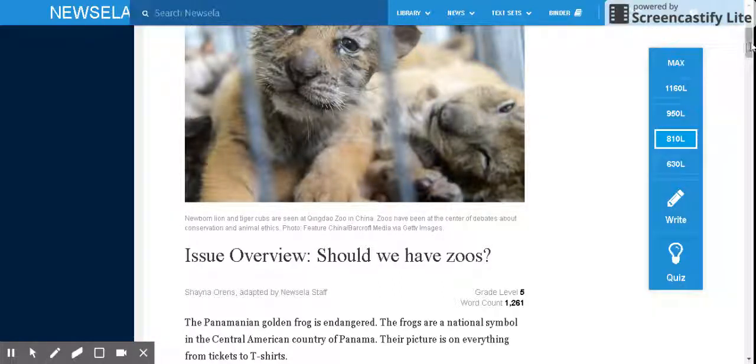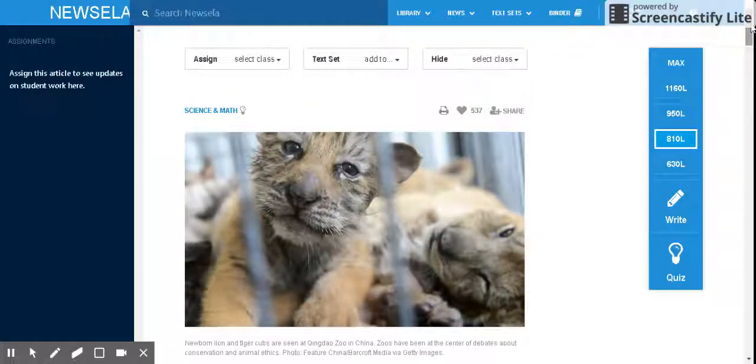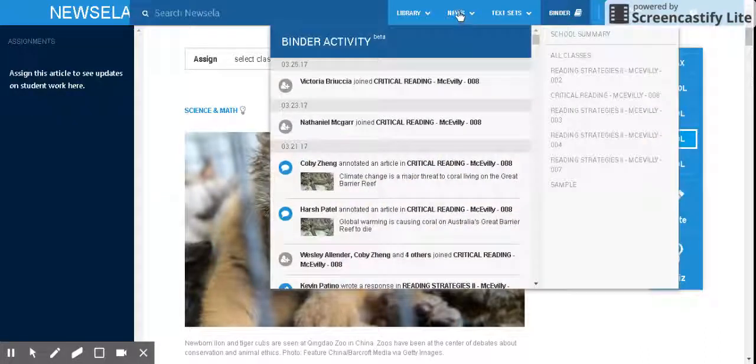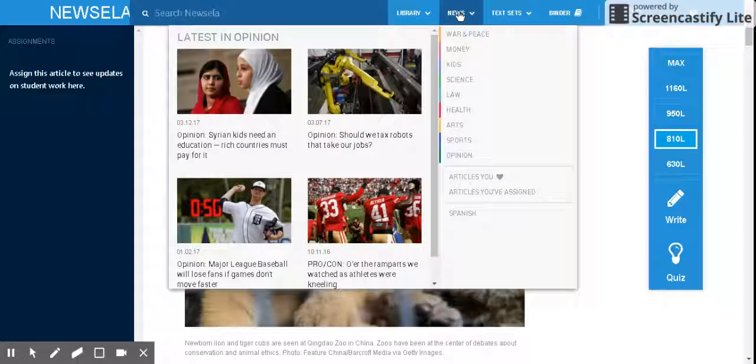But what I want to take you to next is to show you how you can search for articles. There are so many articles that reach across a variety of content. So the first thing I'm going to do is go over into the news. I like to show the news first because that is where it's very current events and there's a lot of different topics.